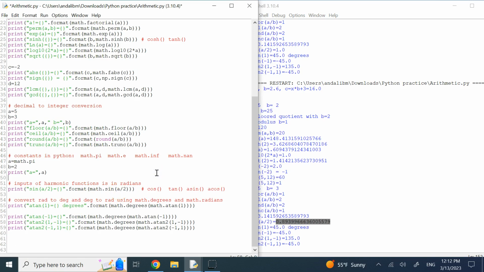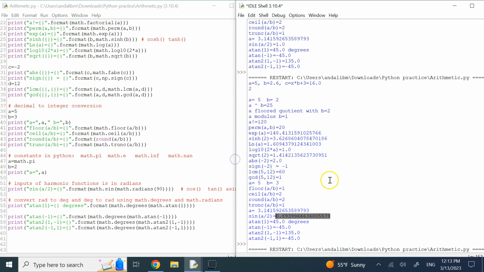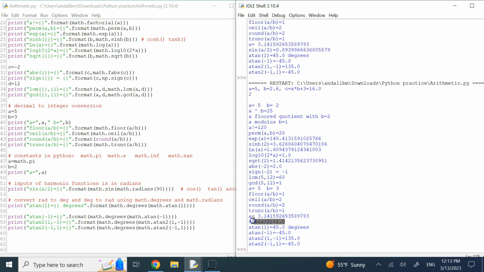Now, if you have degrees, you can convert them to radians. There are two functions that can convert your degrees to radians and vice versa, and these are math.degrees and math.radians. So if I want to use 90 degrees here, then I have to use math.radians to convert that 90 degrees into radians like this, and then pass it to the sine function. Then I'm going to be okay. So look here, you see?